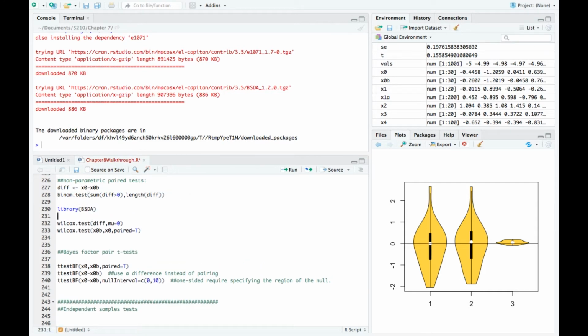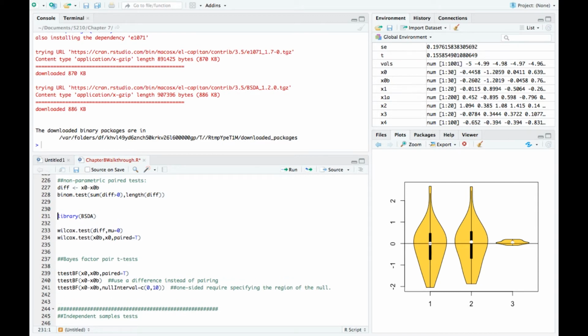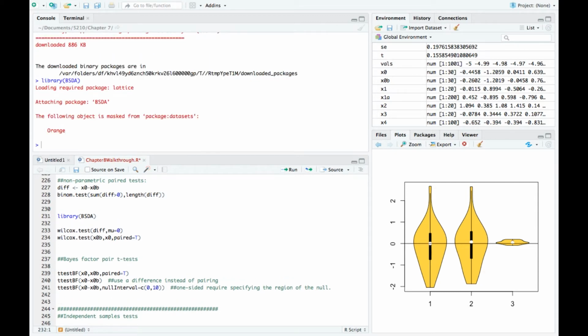So I could do library BSDA, and now try sign test of x0 minus x0b.